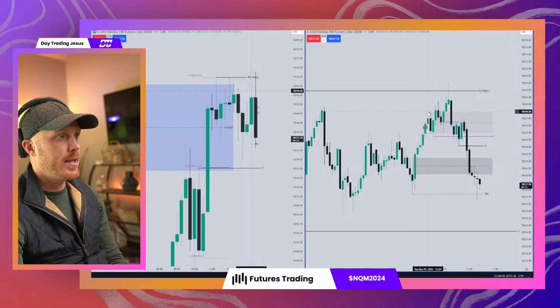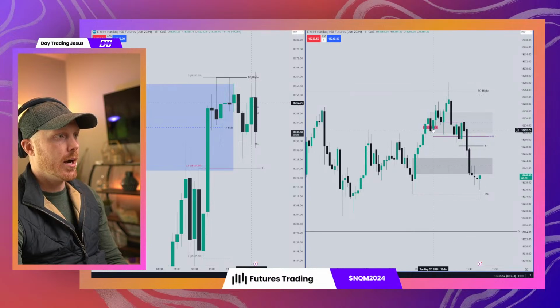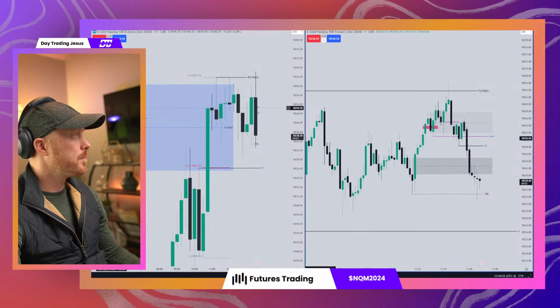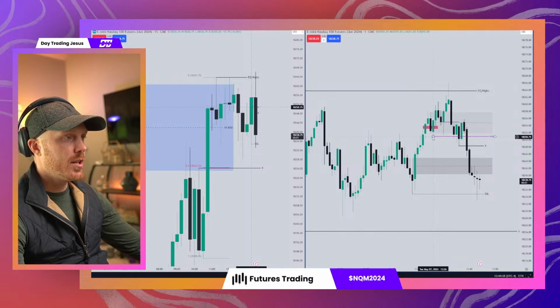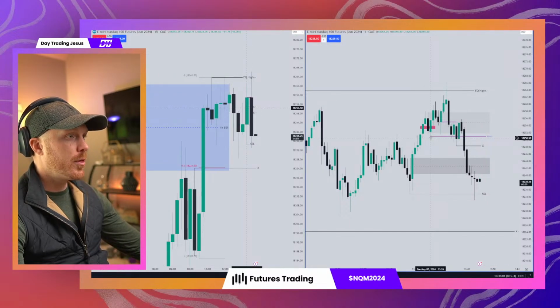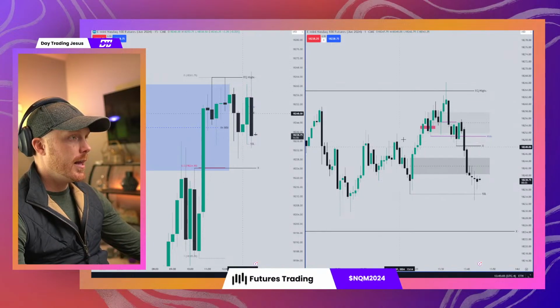So you see price goes higher and then it comes back down and it fills in this fair value gap and then pushes higher. Immediately, I'm looking at this level right here. This is the market structure shift level. This is the breaker.